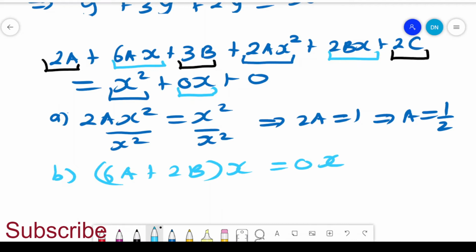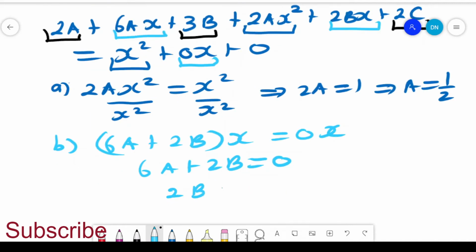Basically, if you divide through by x, I'll be left with 6a plus 2b is equal to 0, and 2b is equal to negative 6a, which equals negative 3. And therefore, b is equal to negative 3 over 2. So that's the value of b.